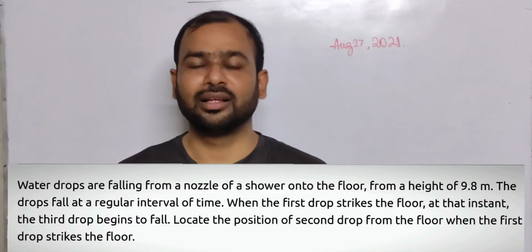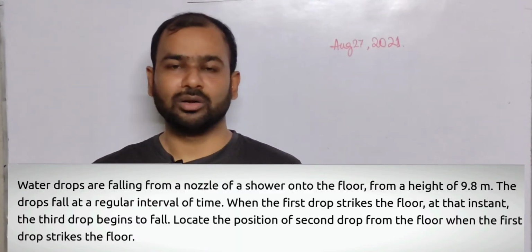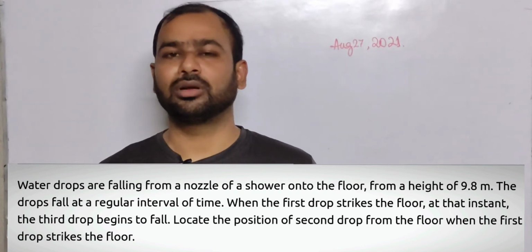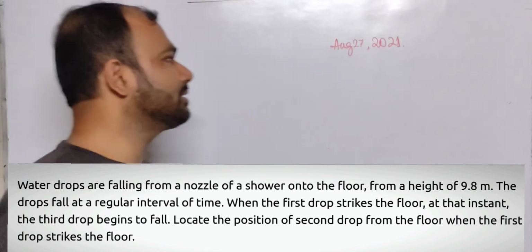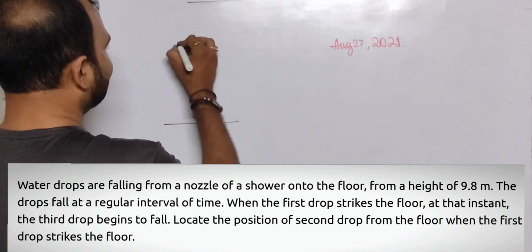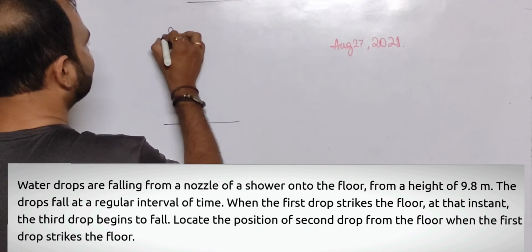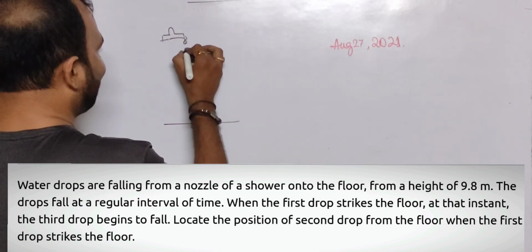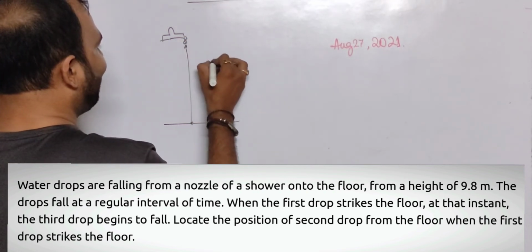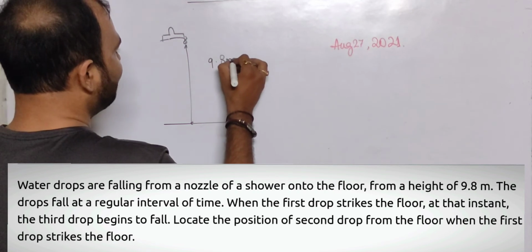Next question on your screen. This question is all about water drops falling from a tap. The tap is at 9.8 meter above the ground.